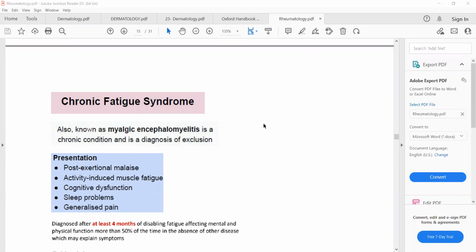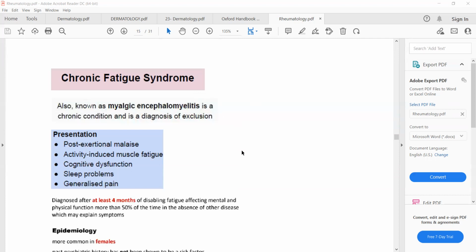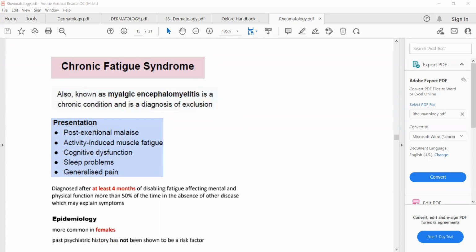Chronic fatigue syndrome is also known as myalgic encephalomyelitis. It is a chronic condition and is a diagnosis of exclusion. You need to rule out all the other diagnoses of muscle weakness, and then you will label the patient as having chronic fatigue syndrome.